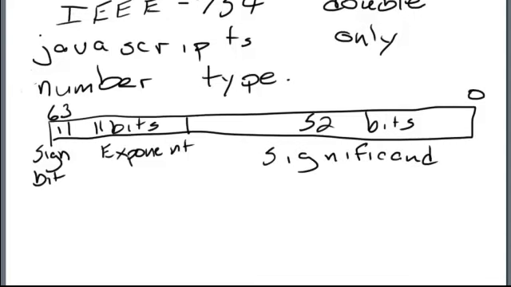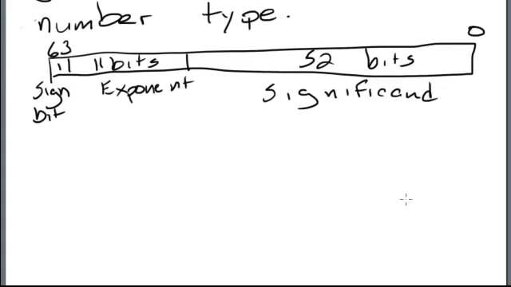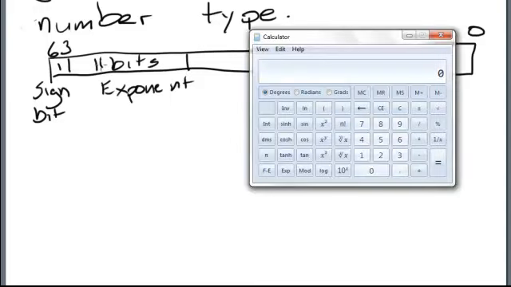We don't need to know all the details about this, but if we look at the exponent, this number 2 to the 11, if you take 2 and you raise it to the power of 11, that is 2048.